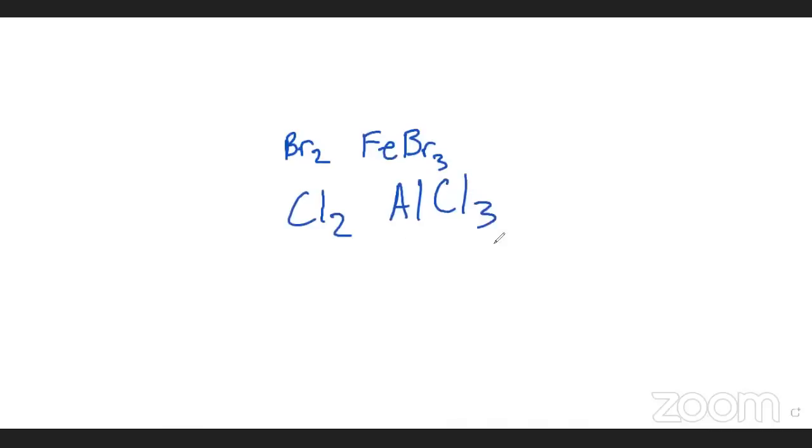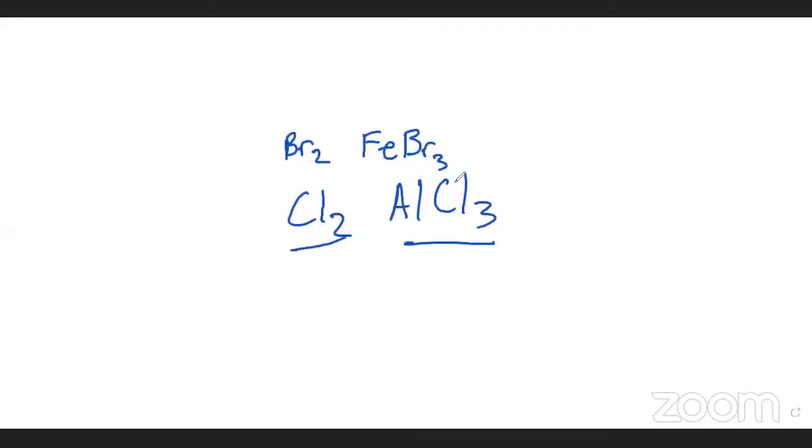By the way, the syllabus says Br2 and FeBr3. It's not in the syllabus, but if you get chlorine, you can also use AlCl3 as the catalyst. I'm just including it.